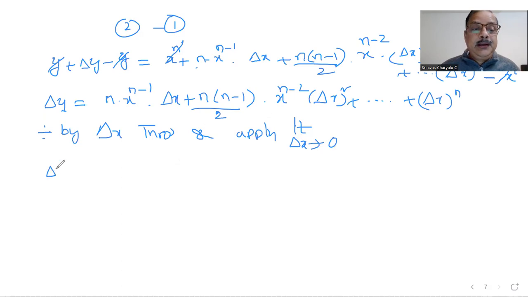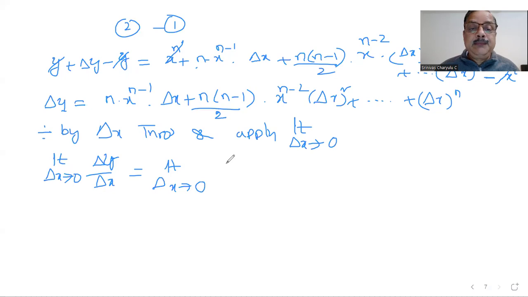Then we will be getting limit delta x tends to 0 delta y by delta x is equal to limit delta x tends to 0.